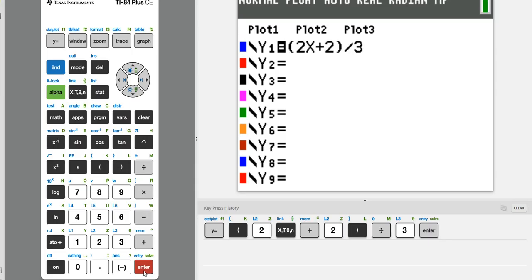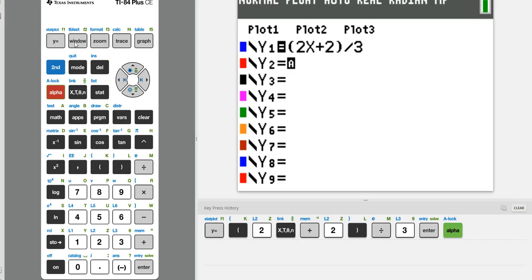And for the second one, let's get a little bit fancy. Instead of using parentheses like that, I'm going to hit the alpha key, and I think it's under the y equals key, but I know this is another place you can get it.